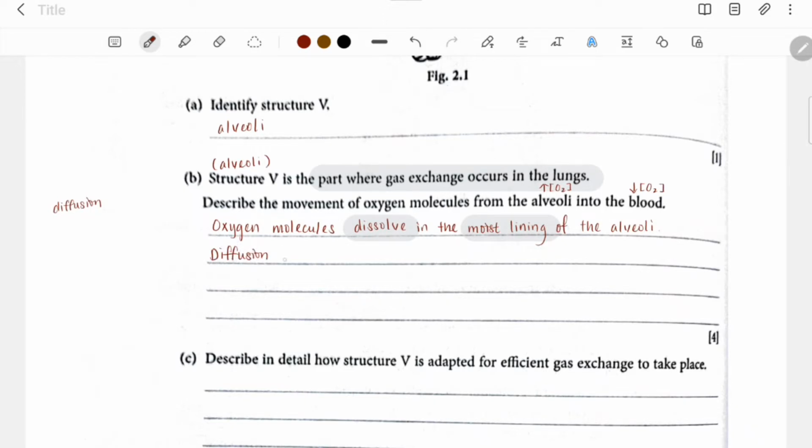Diffusion of oxygen molecules from the alveoli to the blood capillaries, across the partially permeable membrane, because diffusion when you relate back to chapter 3.1 is always across the partially permeable membrane.